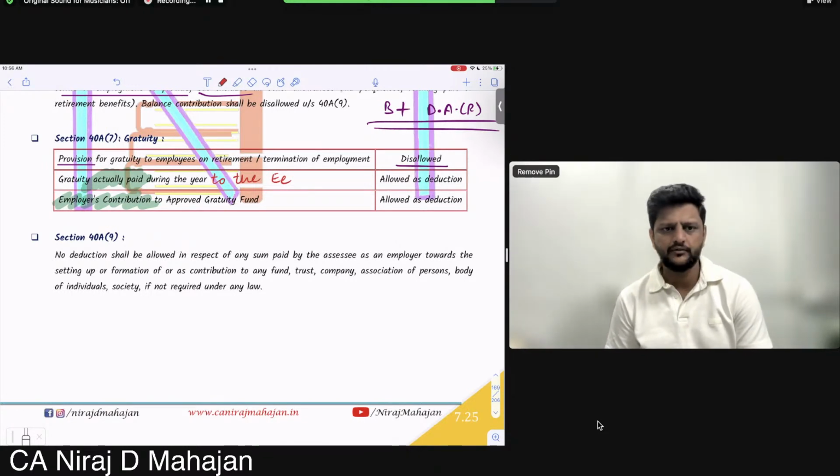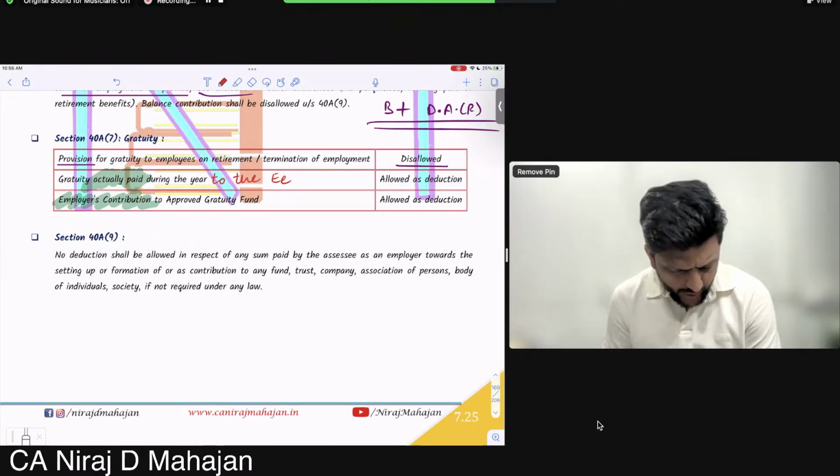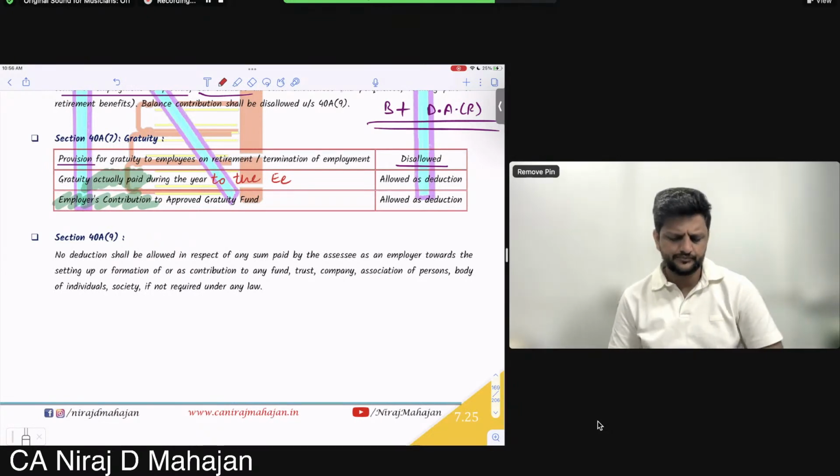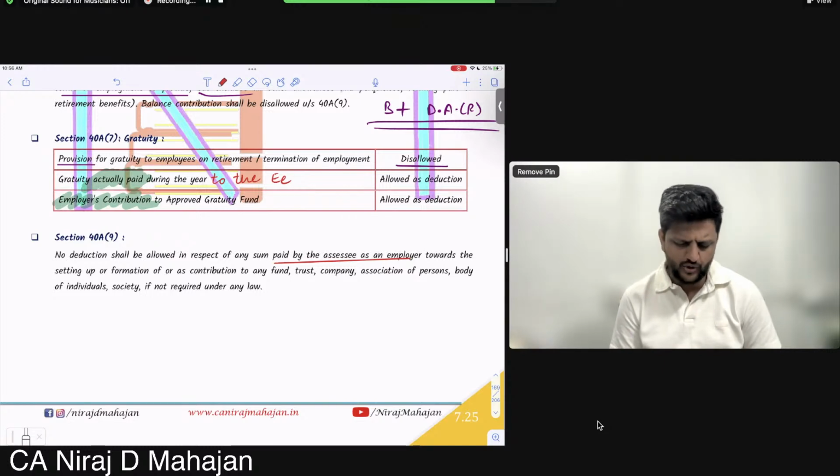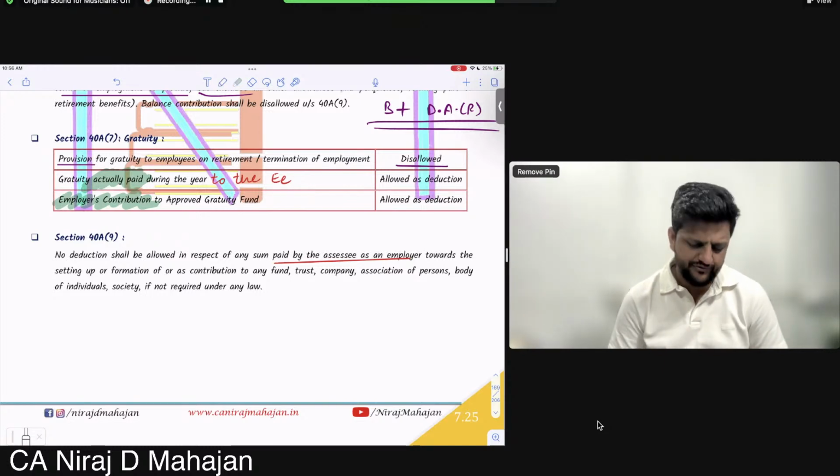And 40A(9). No deduction shall be allowed in respect of any sum paid by the assessee as an employer towards setting up or formation of, or as a contribution to, any fund, trust, company, AOP, BOI, or society, if not required under any law.